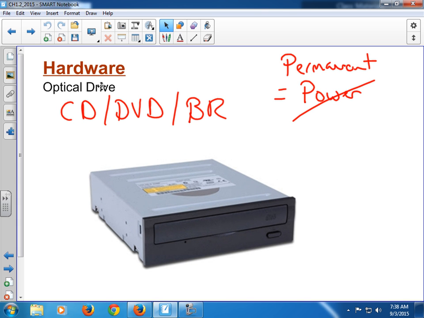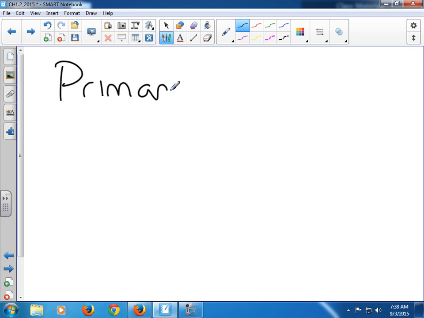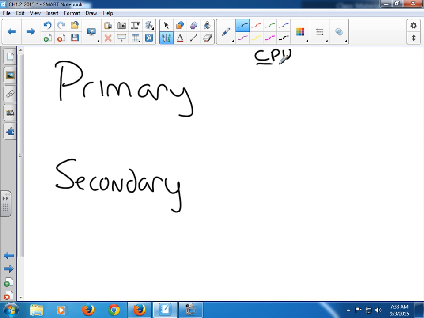So this was our last permanent storage. Again, one of the things that when it comes to storage you're going to learn about is that we've got primary and secondary storage. And when we talk about primary and secondary, this is a Microsoft term. It's primary to the CPU, okay?